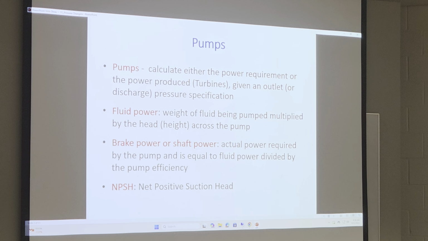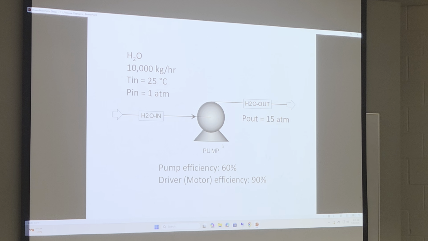That was what I was looking for. Cavitation, yes, in the suction side of the pump. We have suction side, discharge side, suction line, discharge line. Net positive suction head is the amount of head required to avoid cavitation in the suction side of the pump. Please look at fluid mechanics or just Google.